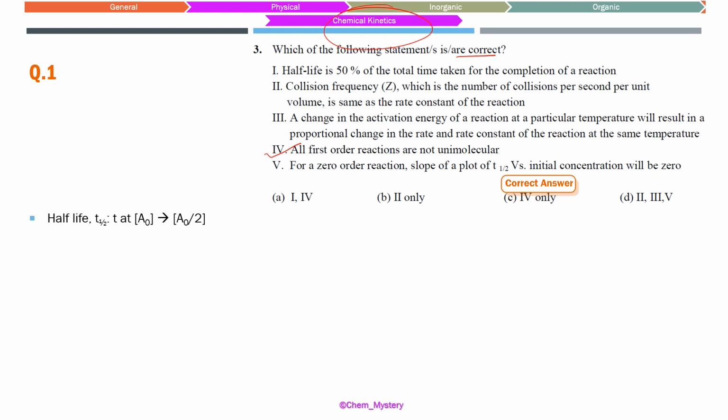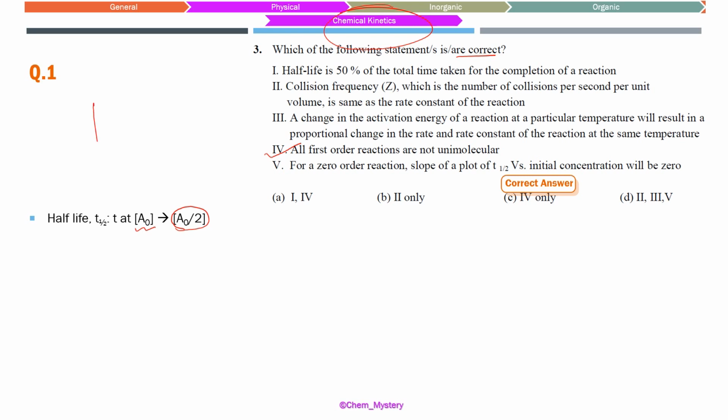First option was: half-life is 50% of the total time taken for the completion of the reaction. That's not true, because half-life is the time when A0 becomes A0 by 2. The time taken for completion of the reaction is nearly infinite for a first order reaction.